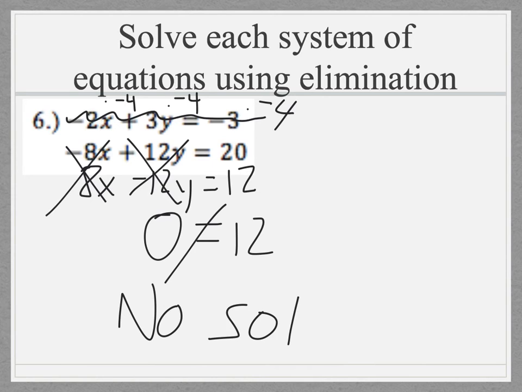And the key here is if it ended up canceling out this right side, if this right side equaled 0, then it would be infinite solutions. Just like we talked about yesterday, when the number equaled the number, it was okay. So if it was 0 equals 0, then it was infinite. But since it's just a 12, it's going to be no solution.